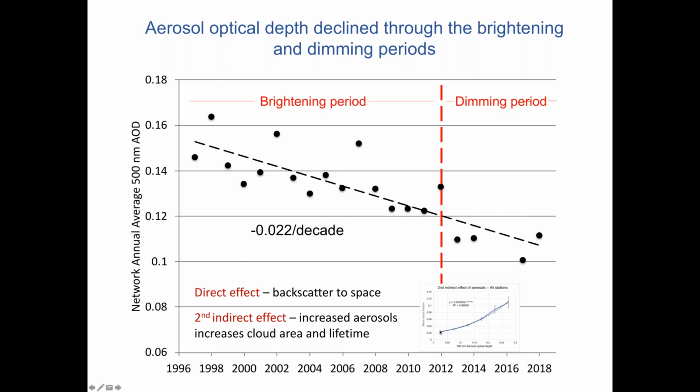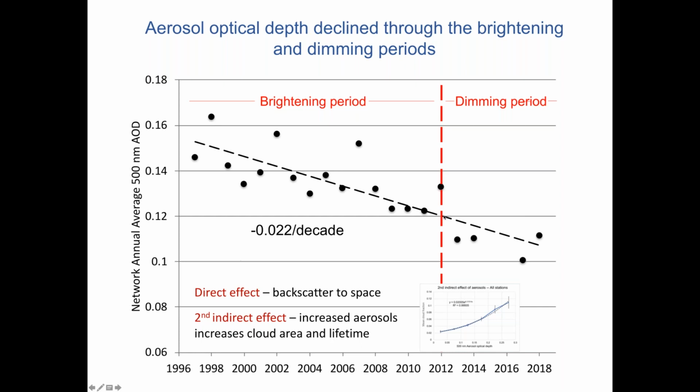And this is for the whole network and got this nice relationship. Applying this to this period with the change of AOD from here to here, according to this, accounts for about a 1% decrease in cloud area due to the second indirect effect, which is what we saw in the previous graph.